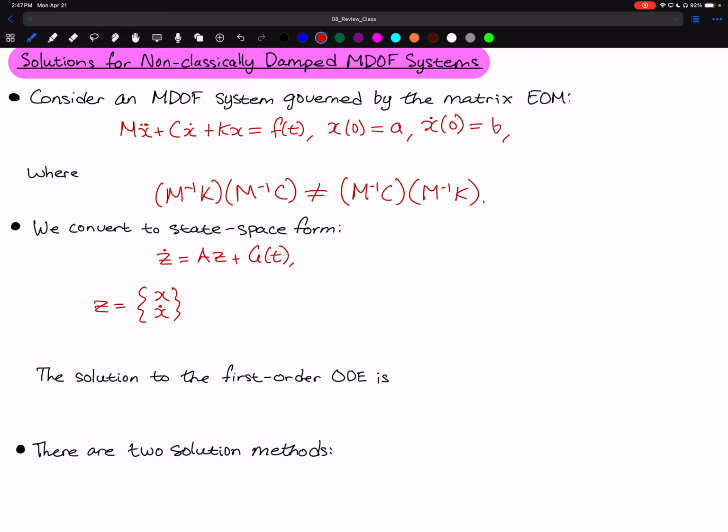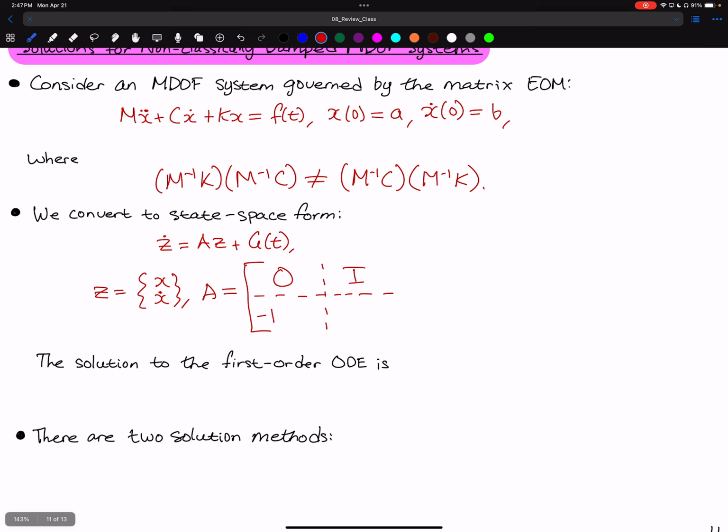The matrix A, in this case, is our system state matrix. It's going to be composed of the following. We're going to have a big zero matrix up in this left corner. We'll have an identity matrix to the top right. In the bottom left, we're going to have minus m inverse k. And in the bottom right, we'll have minus m inverse c.